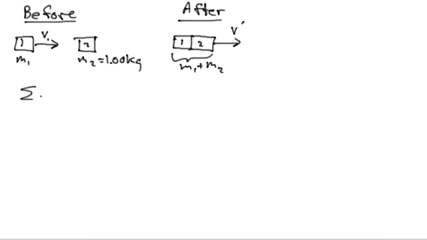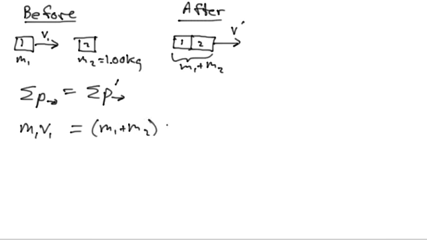If we apply conservation of momentum, the sum of the momenta to the right in the before picture is equal to the sum of the momenta to the right in the after picture. We've got m1 v1, the only one that's moving, and m1 plus m2 quantity times v prime in the after picture.